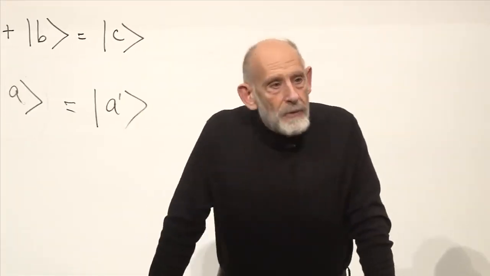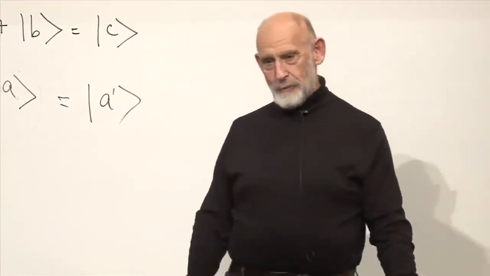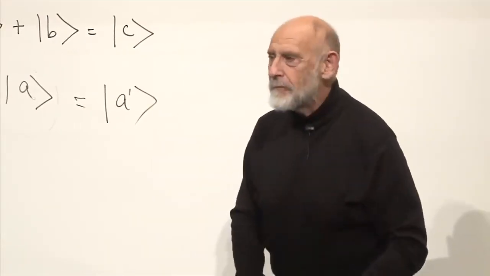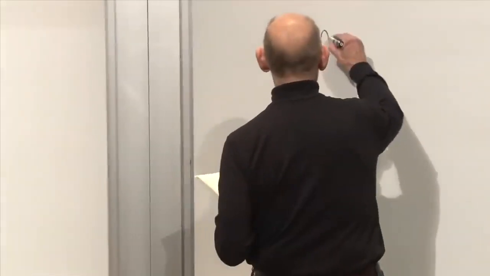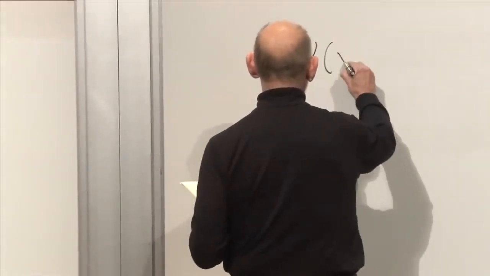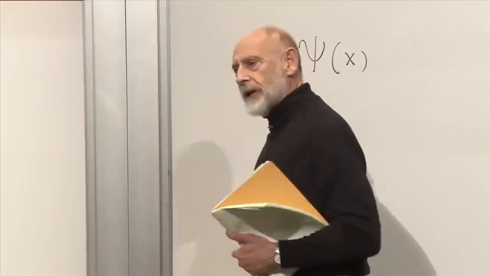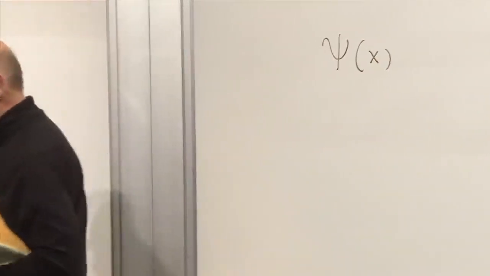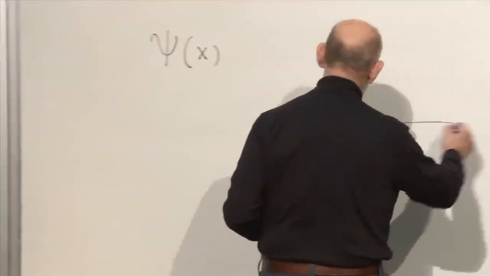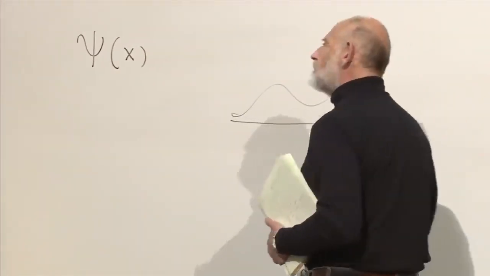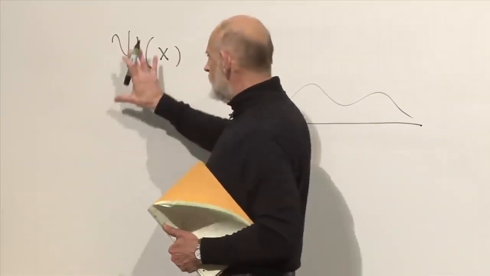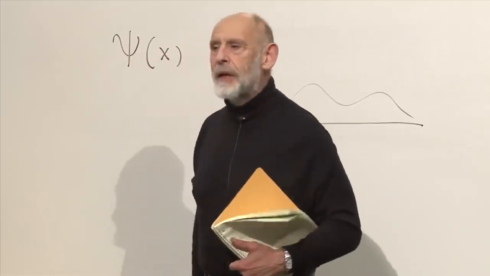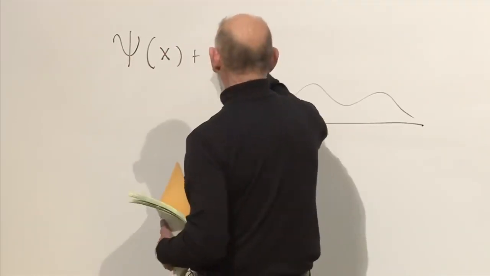Let me give you another example of a complex vector space. This one's incredibly complicated, but still pretty easy to write down. Take any function of a variable, let's call it psi of x. Now, x may be an ordinary real variable, a function on a line, but it's a complex function on a line. It has a real and imaginary part. Can you add two functions and get another function?